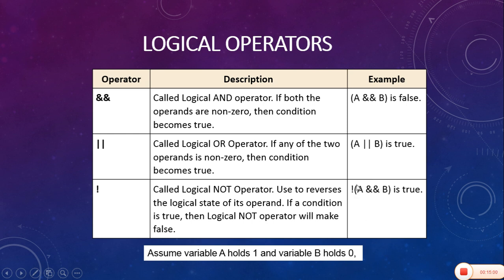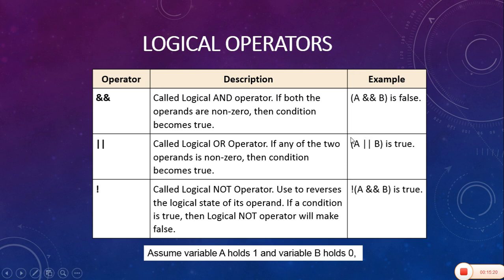So the expression A && B was false. When we use the NOT operator with this expression, its value will be reversed, so it will become true.